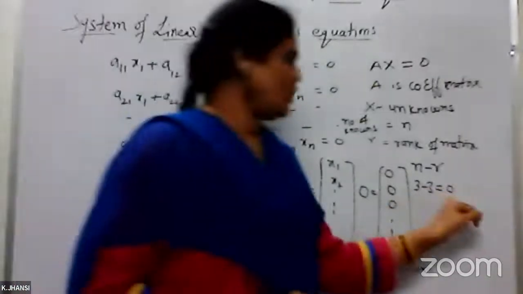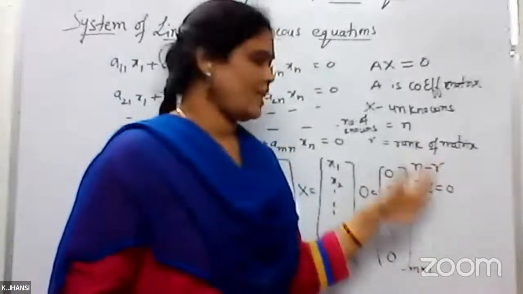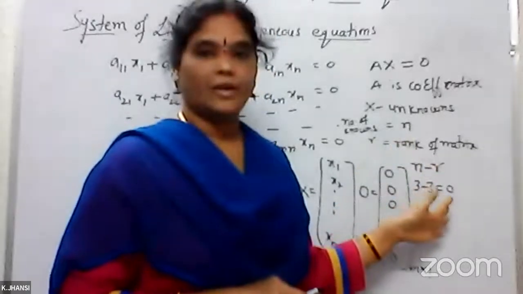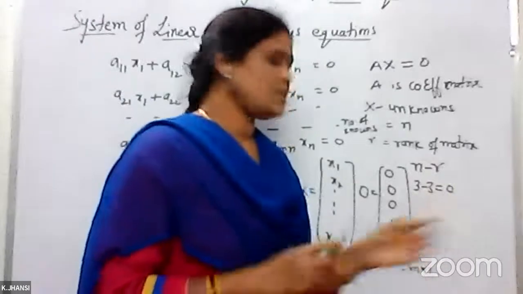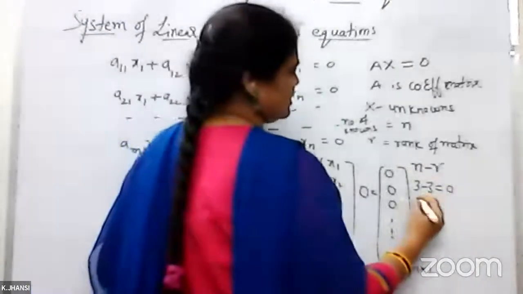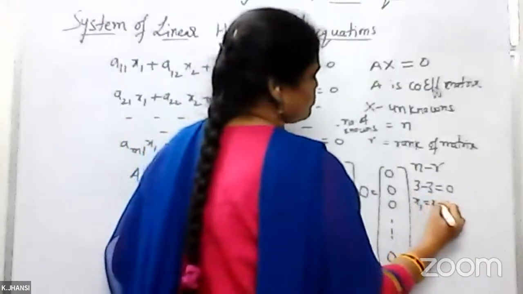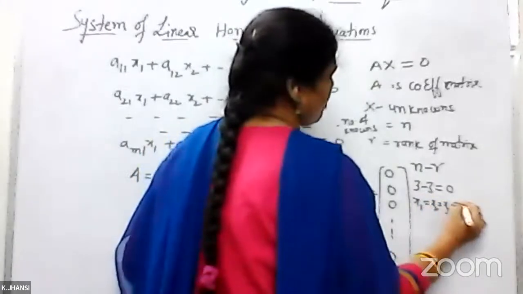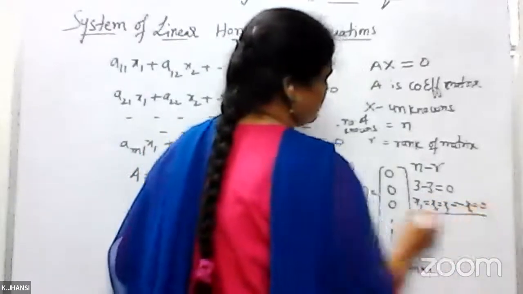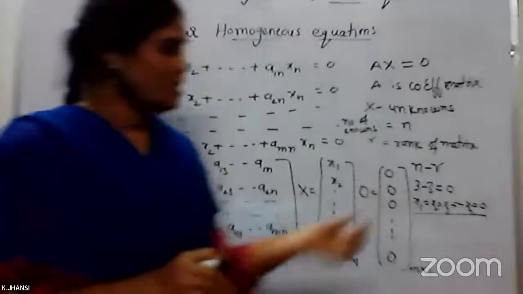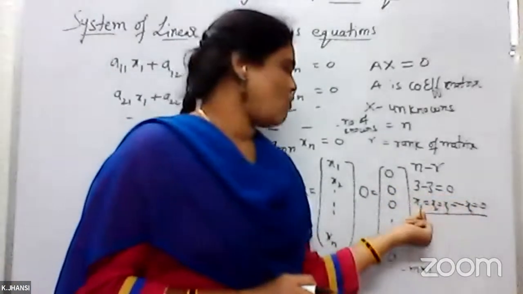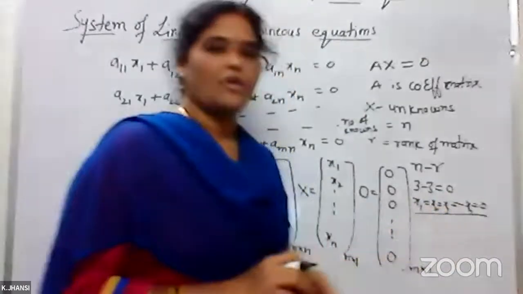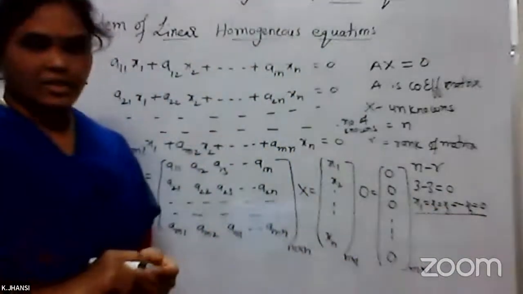If you get 1, then you have one linearly independent solution. Here 3 minus 3 is 0, and the solution will be x1 equals x2 equals x3 and so on up to xn equals 0. Whatever the unknowns are, all of them will be 0.